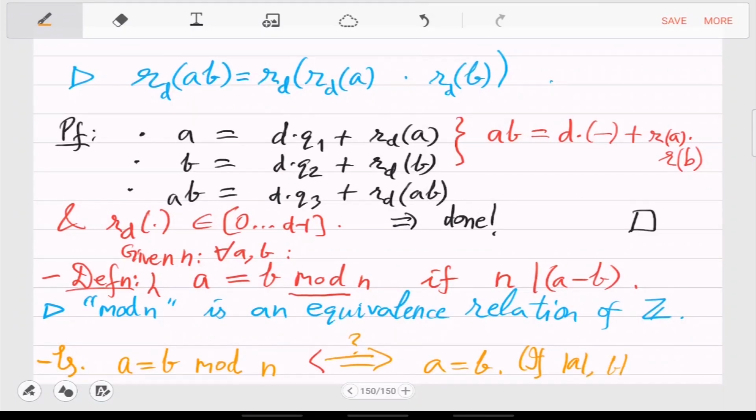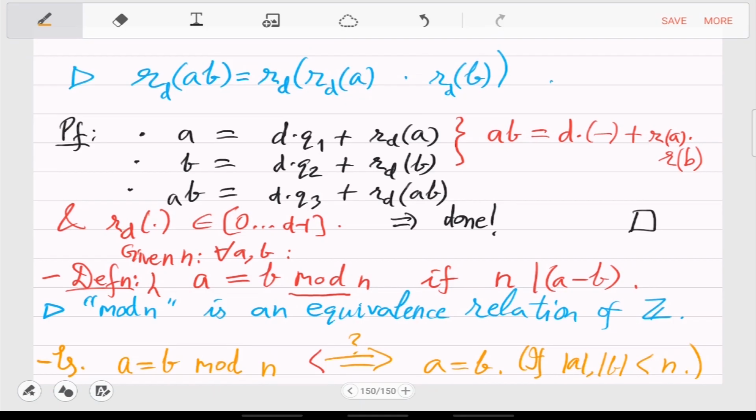No, let me first write this down. If the magnitude of A, B is less than n, then is it clear that you deduce A equal to B? Yeah, that's all. So if A, B is sufficiently small, or conversely, if n is sufficiently large, in that case, this is not a new notion of equality.